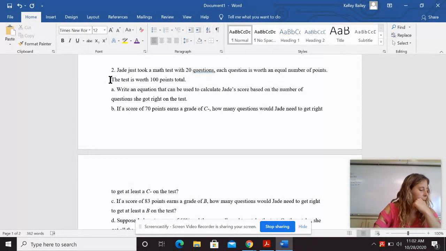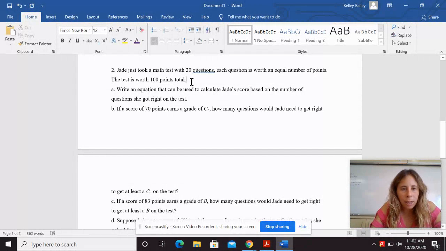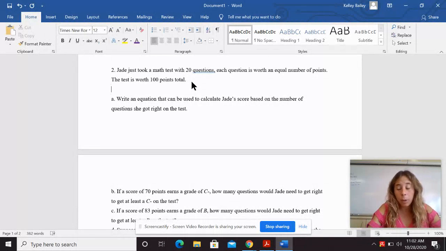Okay, so let's look at that. If your test is worth 100 points, and there are 20 questions that are each worth the same amount of points, how many points is each question worth?